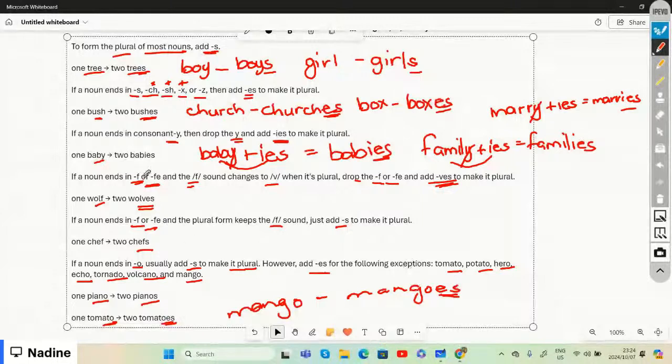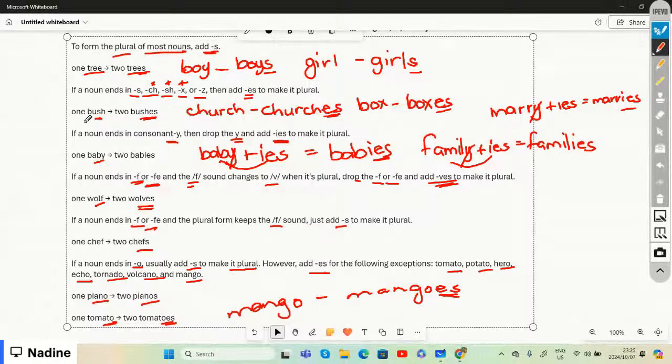All right, so this is basically our regular plural nouns, where we had to follow the rules, right? And the rule is, with most of our nouns, we just add an S. If our nouns end with S, CH, SH, X, or Z, we add ES.